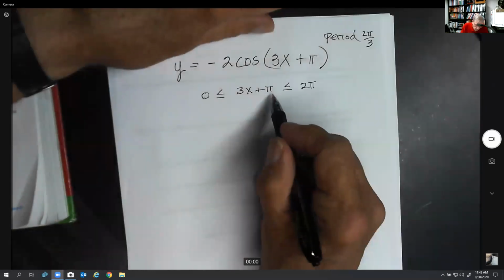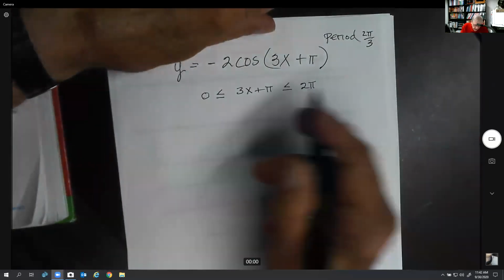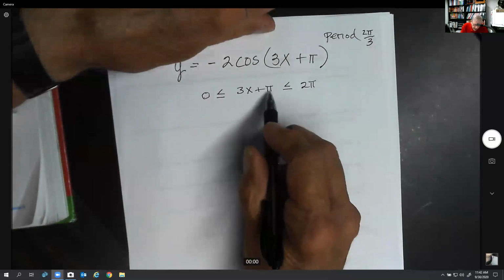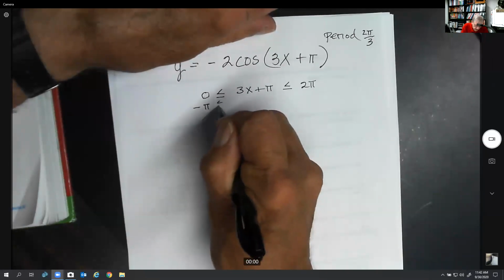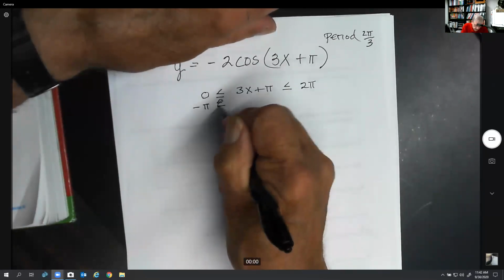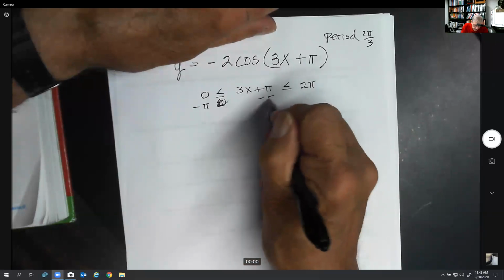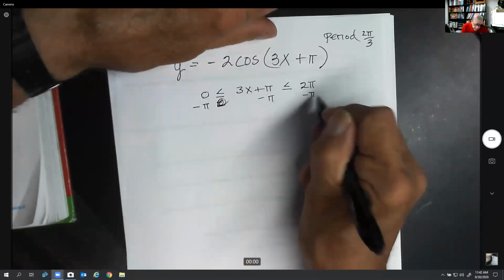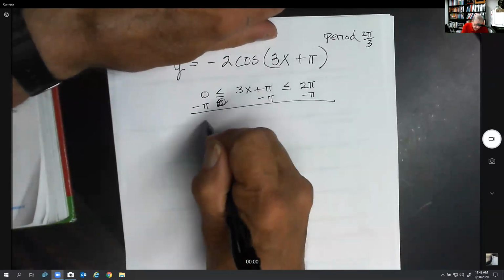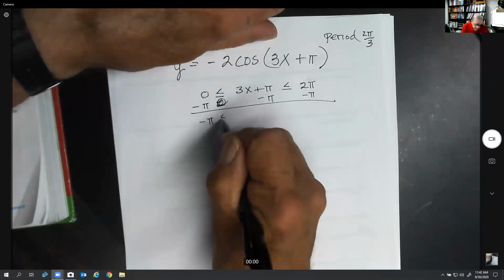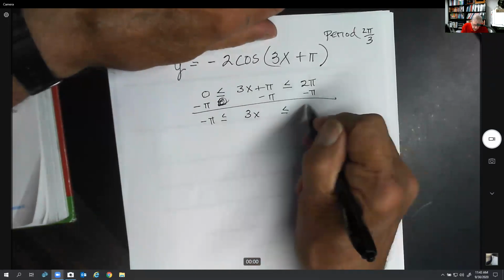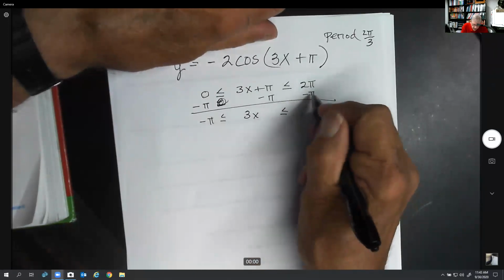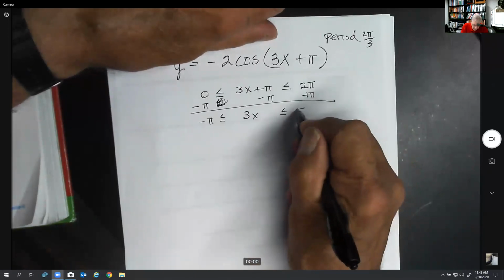Okay, so what we're going to do is, first of all, subtract pi. We want to get rid of this number that we're adding. So we're going to subtract, or add a negative pi, to all the sides. We get negative pi is less than or equal to 3x is less than or equal to 2 take away 1, which would be 1 pi.